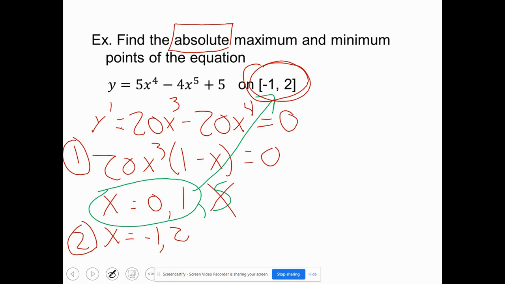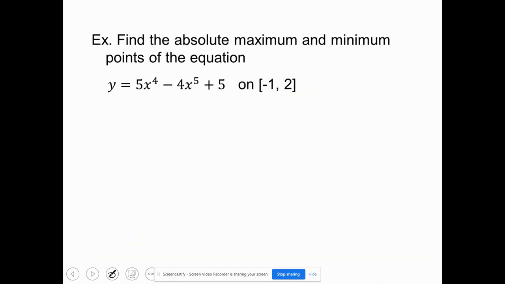I'm going to need some space here, so I'm going to get rid of this. We needed to look at x equals 0, 1, -1, and 2. Here's where we take all of these and plug them into our equation y.